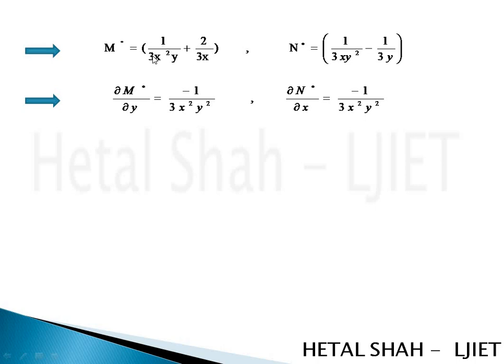For the first term, 1 upon 3x square is constant and the derivative of 1 upon y is minus 1 upon y square, so the final answer is minus 1 upon 3x square y square. Similarly, the derivative of N star with respect to x is minus 1 upon 3x square y square. Both are the same, so del M star by del y is equal to del N star by del x. Yes, the necessary and sufficient condition is satisfied.